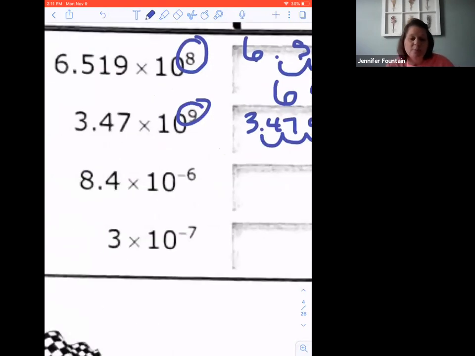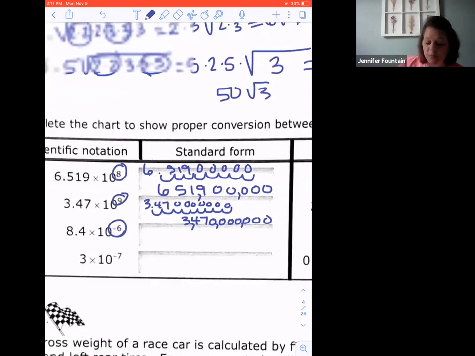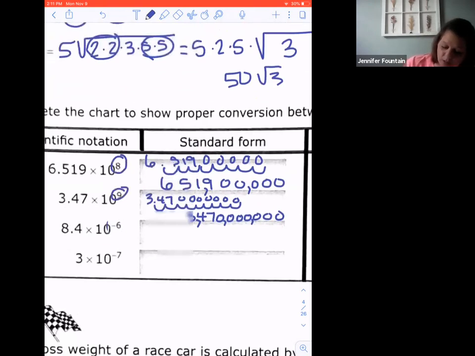Now, 8.4 times 10 to the negative 6th power. When I'm multiplying by a negative exponent, I move my decimal to the left. So I'm going to have to move my decimal to the left 6 places. I'm going to start with my number over here, 8.4, and move it to the left 6 places. 1, 2, 3, 4, 5, 6.